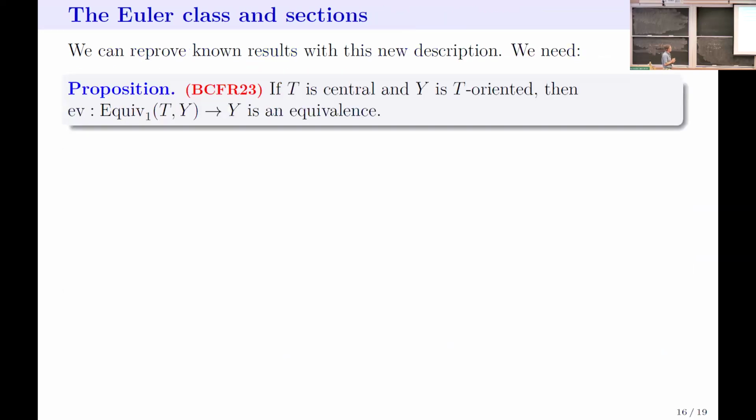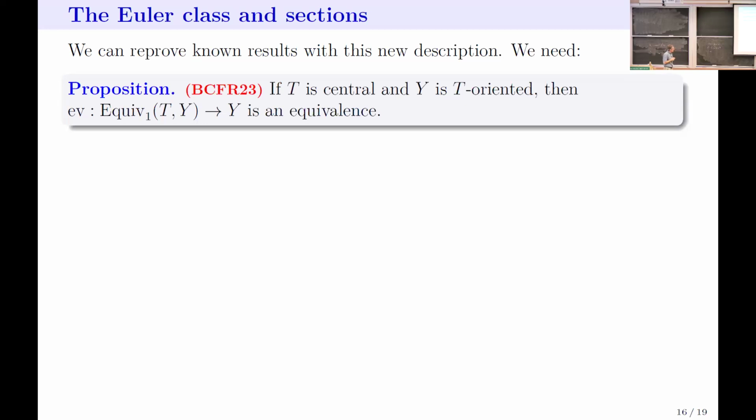But first, let me give you an example of something we can prove in a pretty concrete way. So the Euler class is supposed to be the obstruction to the existence of a section. Well, of a non-zero section, but since I've taken the sphere bundle, I could just say a section. So overall, this slide is from the second paper, but this result comes from the first paper because it's back to being a general result about central spaces.